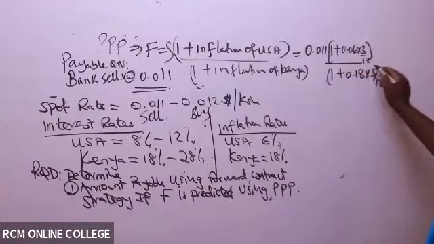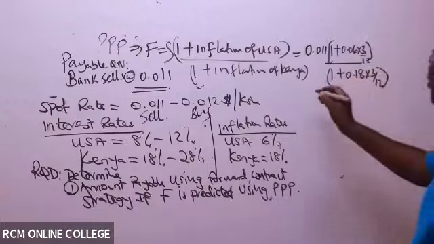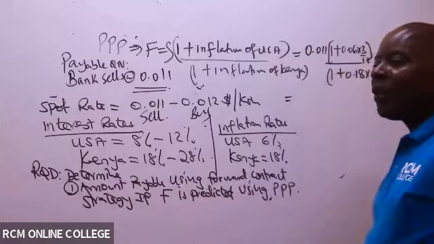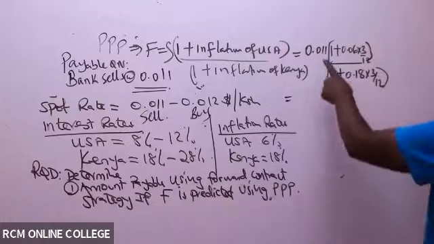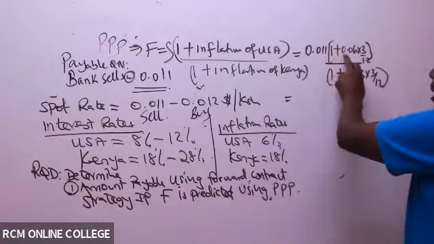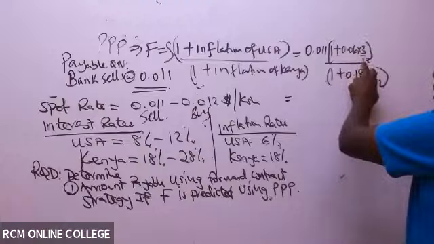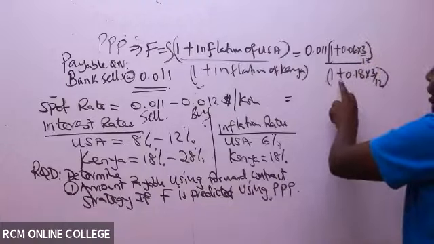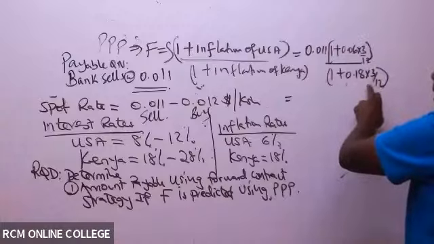So abracadabra, are you guys able to give me the final answer? How do you get the final answer? Very easily. You will say 0.011 times into brackets 1 plus 0.06 times 3 over 12. You close brackets. Then you say divide by, open brackets, 1 plus 0.18 times 3 over 12.